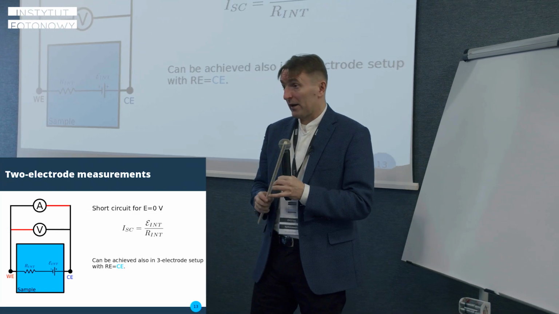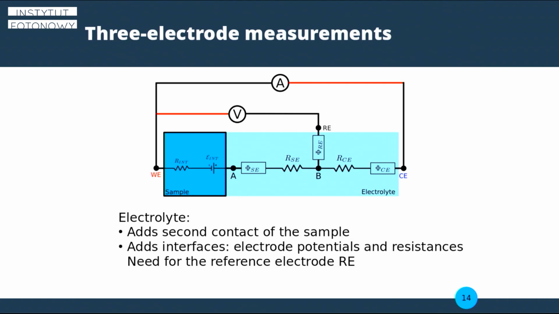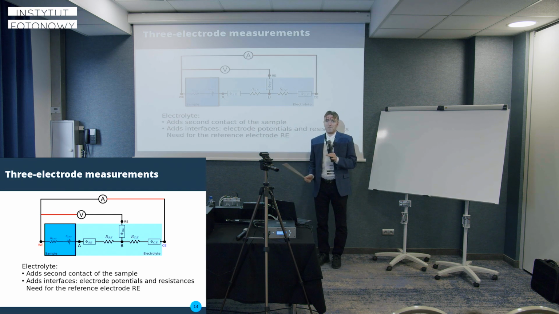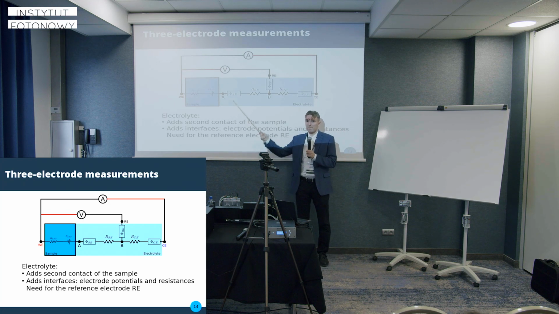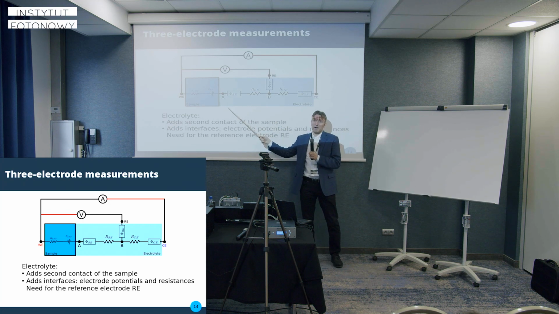But now we will go to the 3 electrode sample, because this is where strange things start to happen. So, if our sample is now surrounded by electrolyte, the electrolyte is on that side, then immediately when you submerge it in this liquid, it will develop a half-cell potential. It is denoted by this rectangle. And it will also have some additional sample-electrolyte resistance.